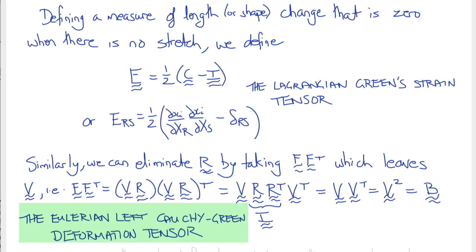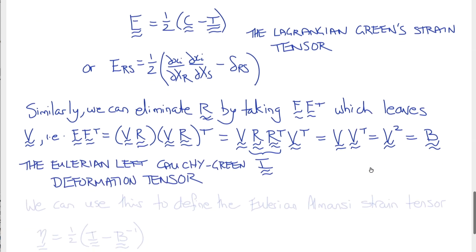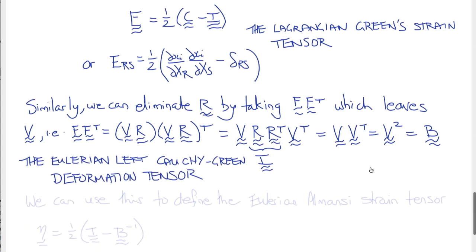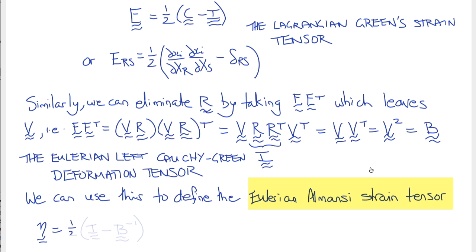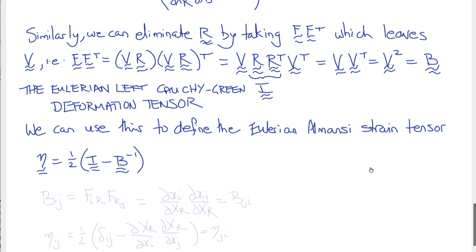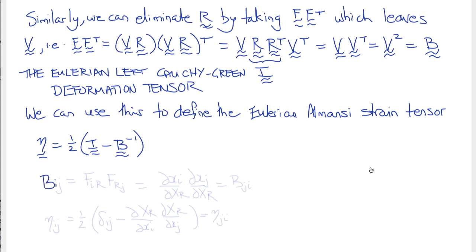So in the same way that we use C to define a Lagrangian strain tensor, we can use B to define an Eulerian strain tensor, which is known as the Almansi strain tensor. It's sometimes denoted by eta, and eta is 1/2 of I minus B inverse. So if we look at the components of B, there would be B_ij equals F_iR F_jR, so that will be F F transpose.